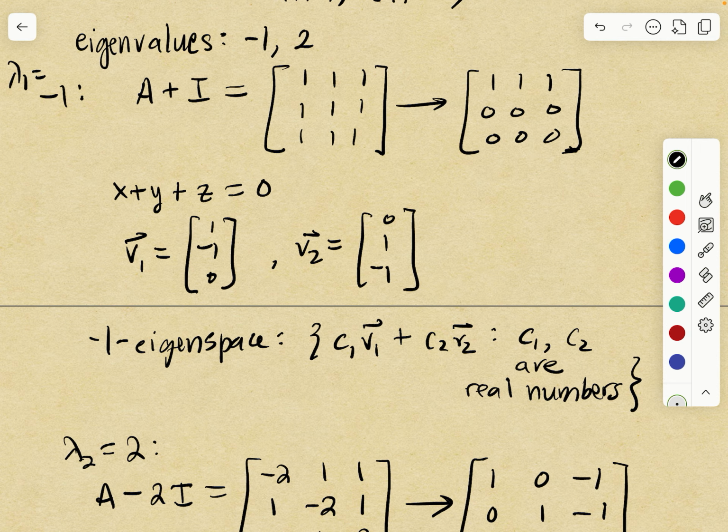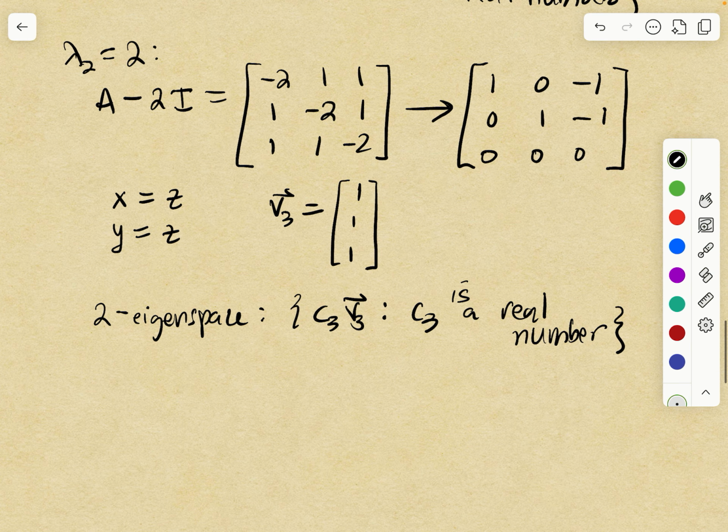So it basically ends up flipping the plane. It flips all the vectors over, because when you multiply a vector by negative 1, it just flips the direction. And then what it does to this line spanned by 1, 1, 1 is this matrix stretches that line by a factor of 2.